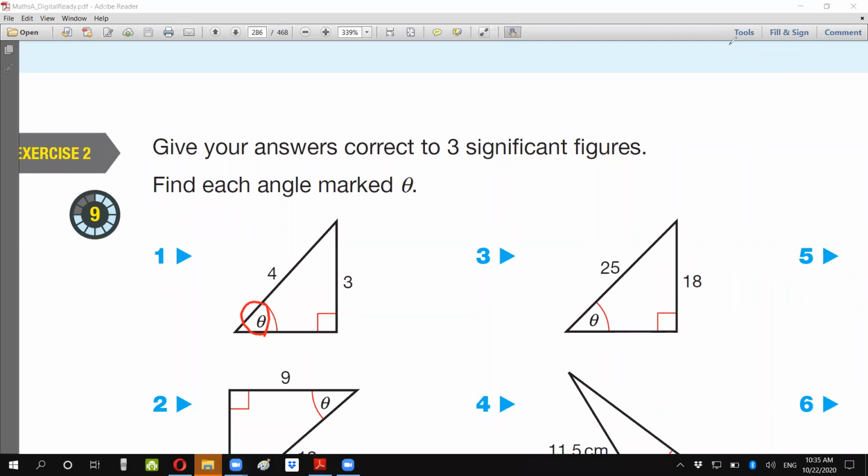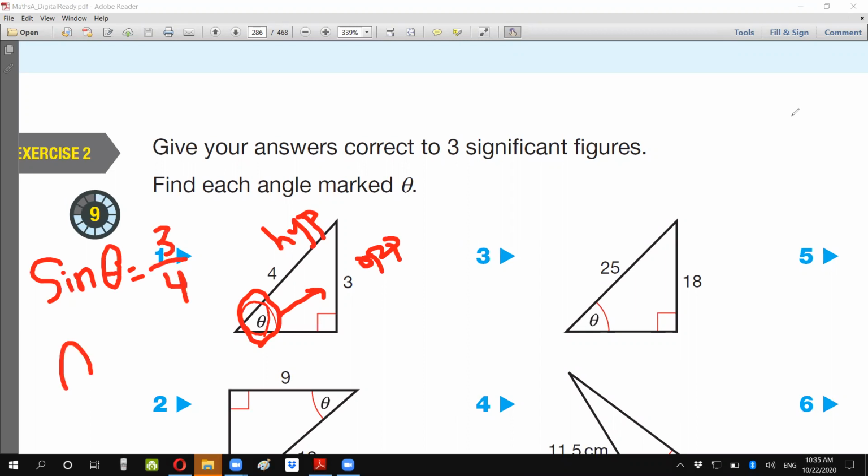Simple problems like this will come in the final, not only the hard problems. Don't focus only on the hard problems and leave the easy ones. This is opposite and here hypotenuse. Opposite and hypotenuse means sine. Sine of angle theta is equal to 3 out of 4.